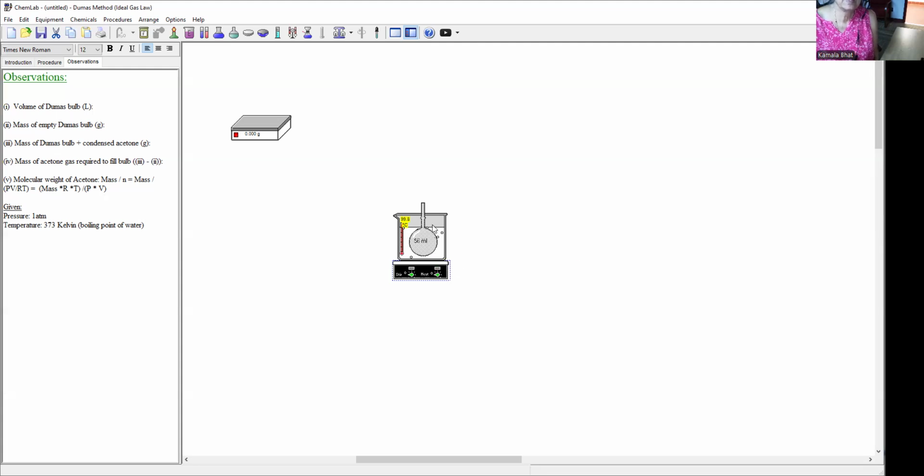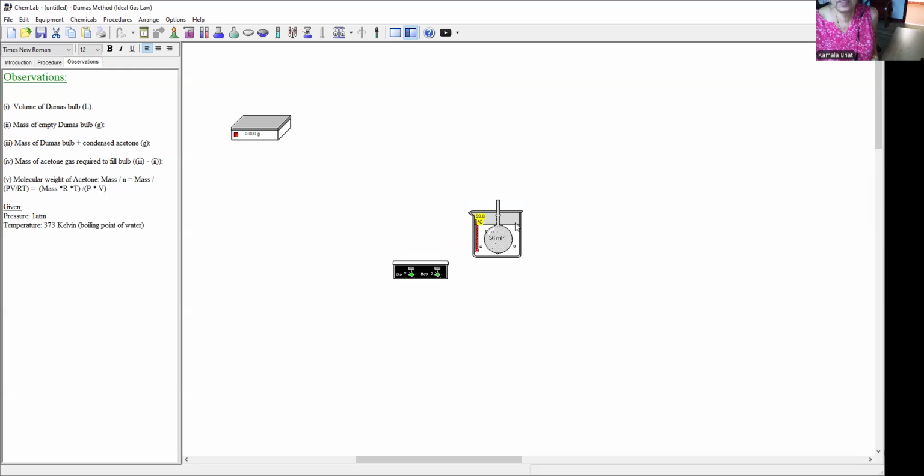So let it stay inside for some time in the hot water, so that you don't crack the Dumas flask. Then after 1 or 2 minutes of cooling, you can remove the flask from the hot plate and keep it aside.